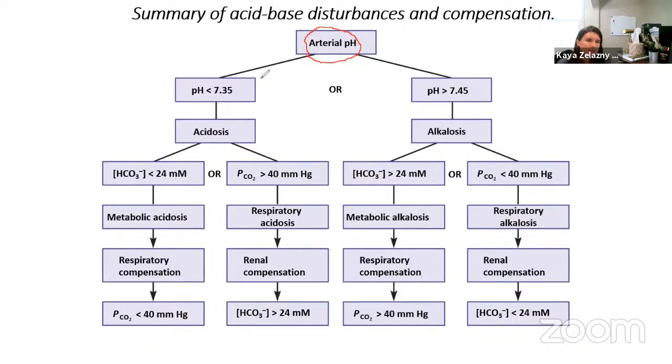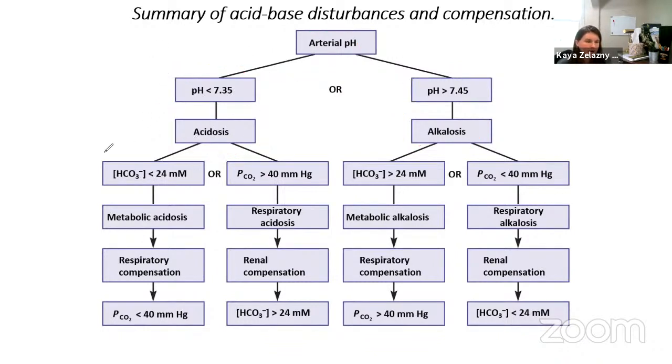We know we have a specific range, 7.35 to 7.45, that's normal. But if we're beyond that range, we're either in acidosis or in alkalosis, right? So that's the first definitional part that we went over, acidosis versus alkalosis.